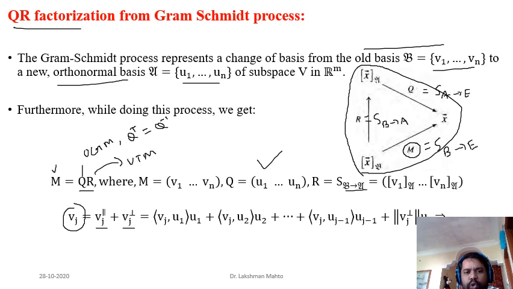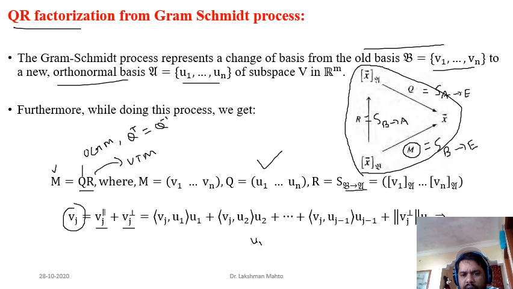It happens to be in the span of the first j minus 1 basis elements of B. In that process, the first j minus 1 ui's are also coming from the first j minus 1 vi's.